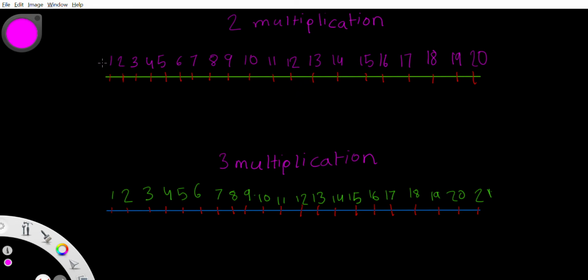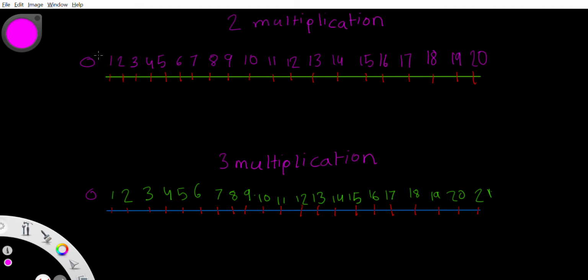So we have 0 here and we have a 0 here. How to do this is that we go in an order where we add two every time. Since we have the two table over here, we're going to add 2 each time.